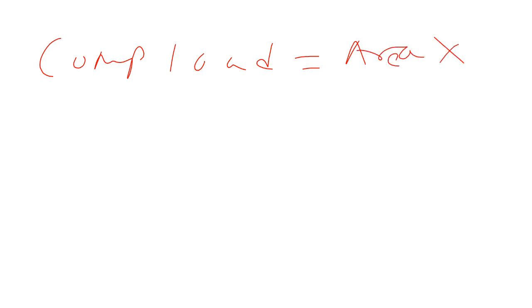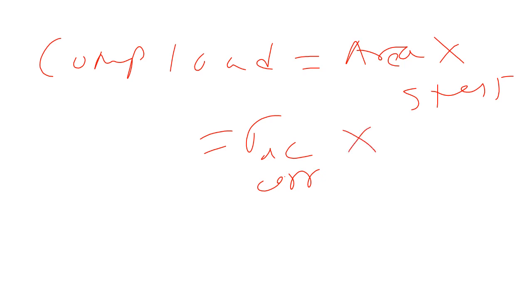The next job is very easy, that is to find the compressive load. The force will be the permissible stress into area. But here use the corrected, or final, value of sigma AC, into the area.